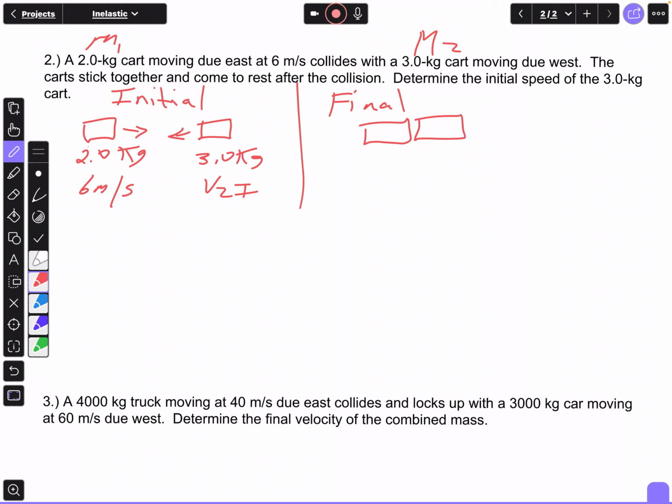The two carts, and I know their masses. This one's 2.0 kilograms. That one's 3.0 kilograms. And it says that these carts stick together and come to a rest. So it's telling me that my final velocity is equal to 0 in this case, 0 meters per second.